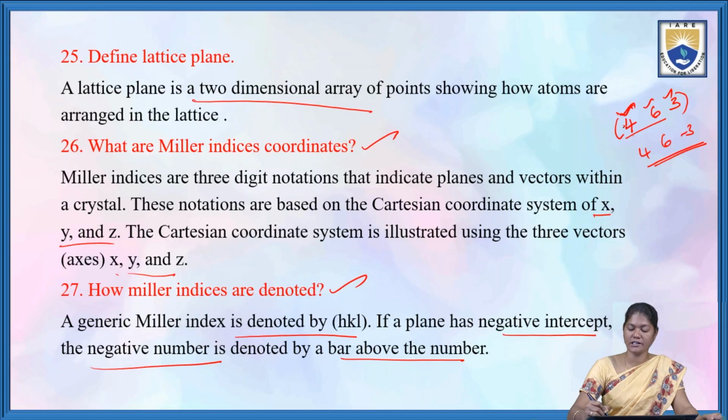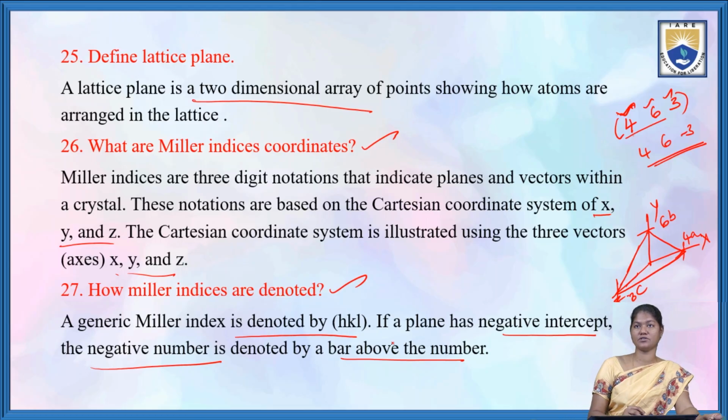For the intercepts, if we take a plane, it is intercepting on the x, y, and z axes. Suppose it is intercepting at 4a, 6b, 3c. So the intercepts on the axes are 4a, 6b, 3c.